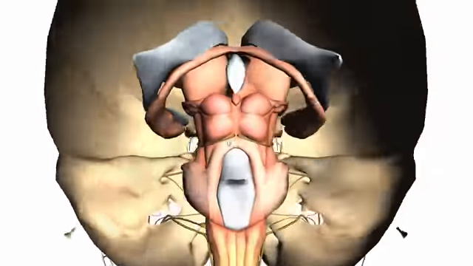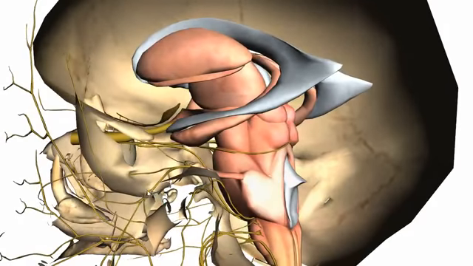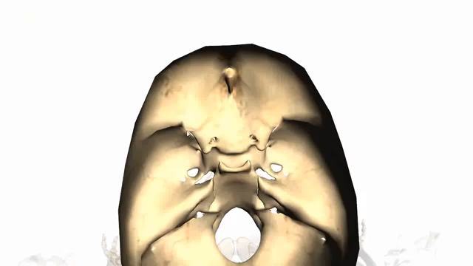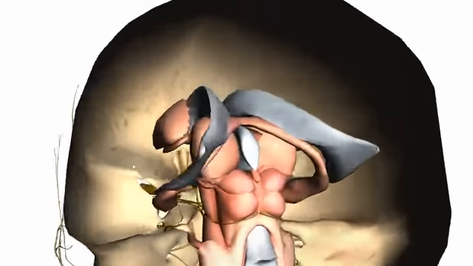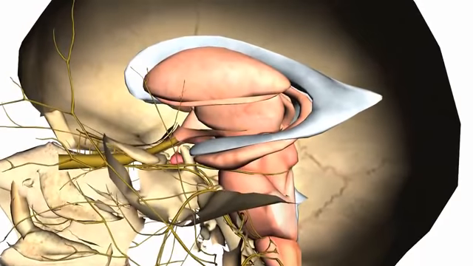And then just looking at the next branch of the trigeminal, the mandibular branch, you can see that passes through this foramen here. So that's this one, the foramen ovale. So the mandibular branch, V3, of the trigeminal passes through the foramen ovale.